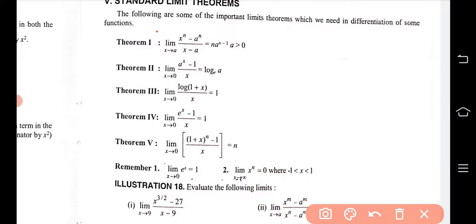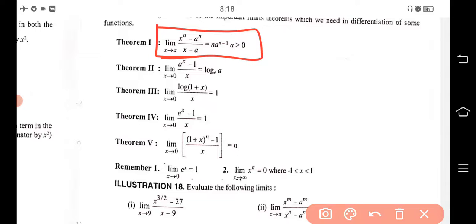We will discuss this in our subsequent classes while deriving the derivative. That derivative formula actually depends upon this first theorem. Clear? So I will talk about it later. For the time being you should know this. And what is the second theorem?